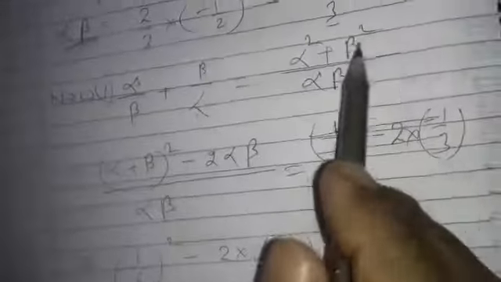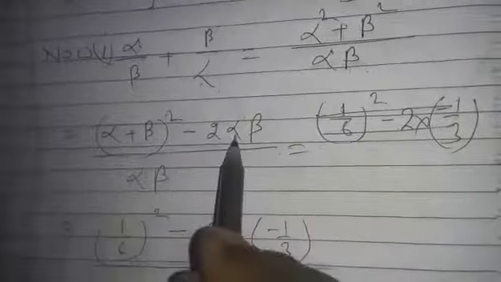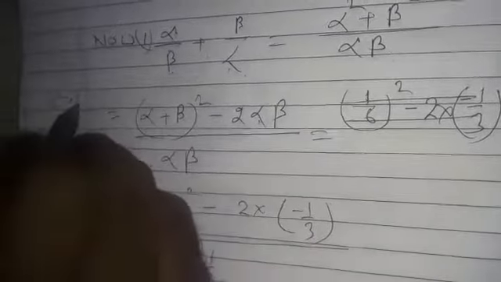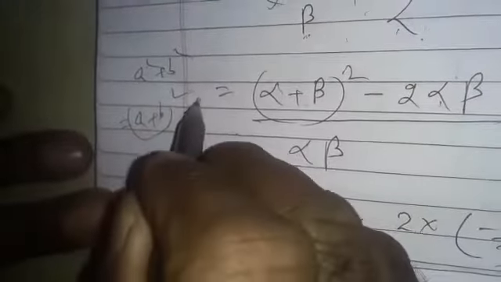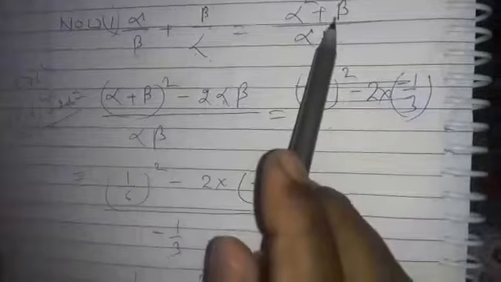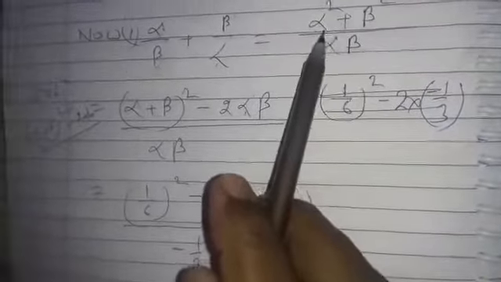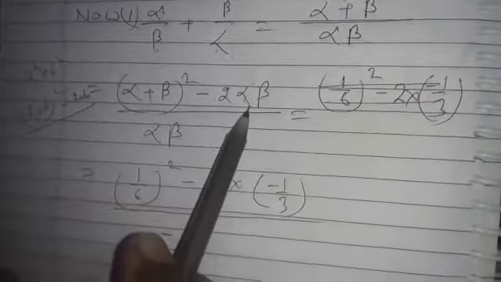Alpha square plus beta square can be expressed in this form: a square plus b square can be written as a plus b to the whole square minus 2ab. So using this identity, alpha square plus beta square can be written as alpha plus beta to the whole square minus 2 alpha beta.